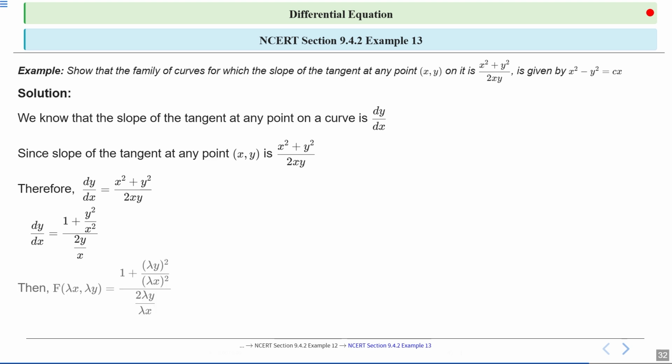by x. We have to check whether f(x,y) is a homogeneous function of degree 0 or not, and for that we replace x by lambda x and y by lambda y. So when we replace, we get 1 plus lambda y whole square by lambda x whole square by 2 lambda y lambda x. So lambda lambda cancel out.